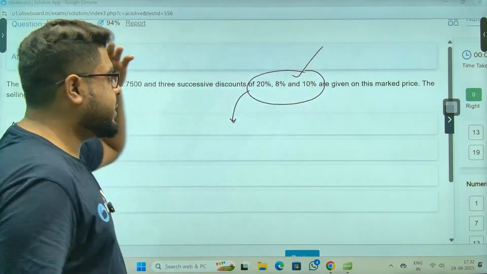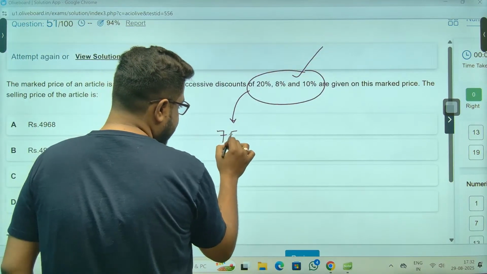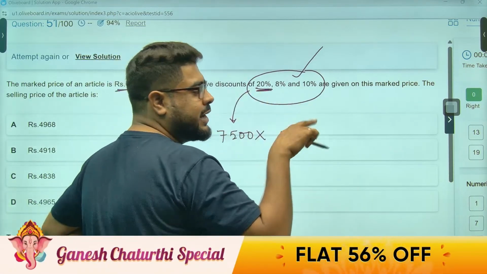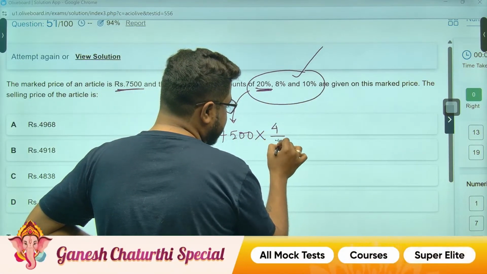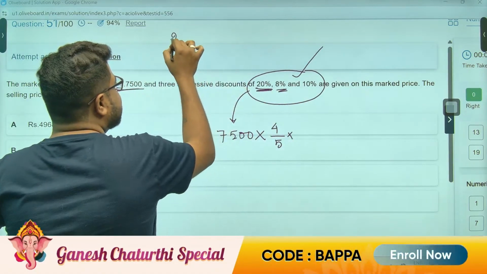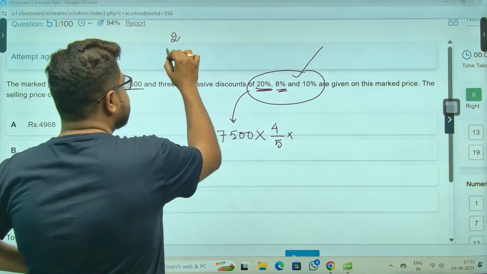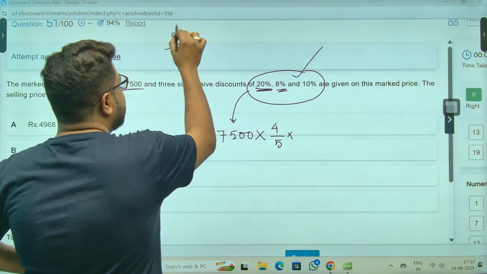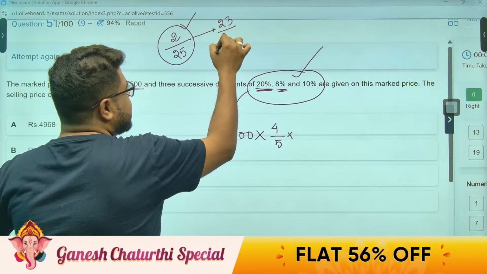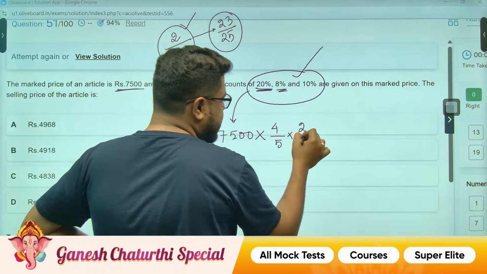No need to calculate. 7,500 is the marked price into 20% discount, meaning 80%, which means 4 by 5. 8% discount, 4% means 1 by 25, 8% means 2 by 25. How much will it actually be? 23 by 25. This much actual value. So 23 by 25.